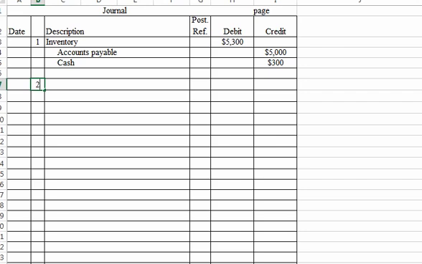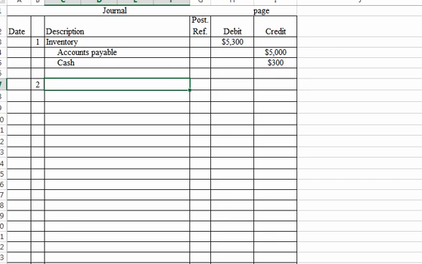Alright, on number 2, John's returned some of the merchandise purchased in 1. Cost of the merchandise was $600, and John's account was credited by the supplier. Well, that's fairly simple. If we return part of what we purchased here, we purchased it on account.